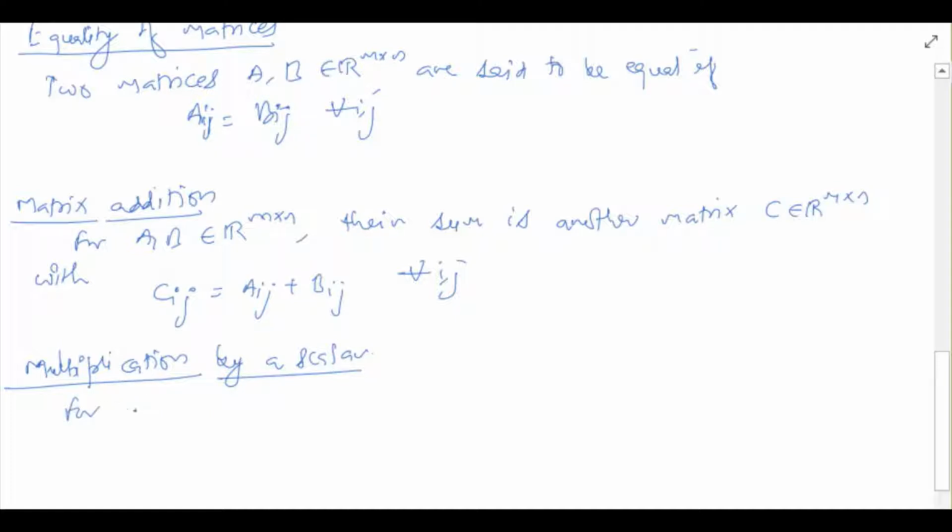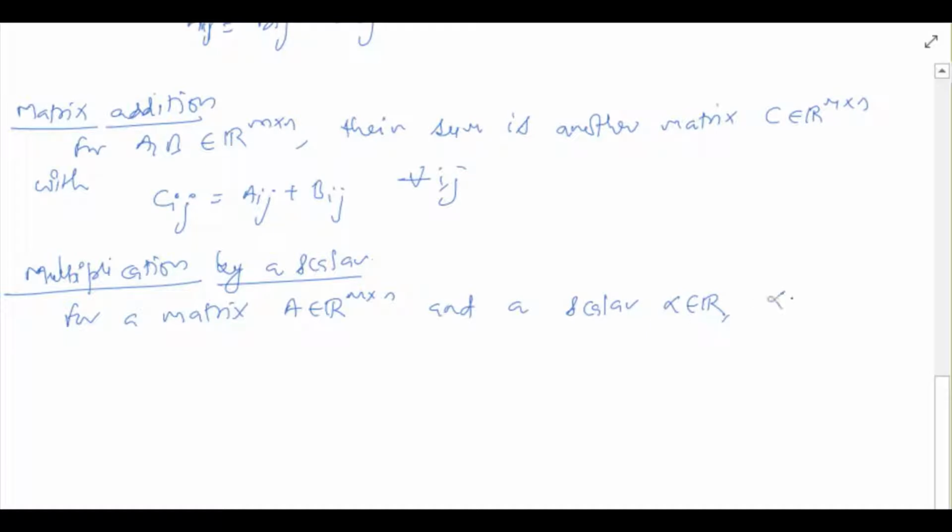So for a matrix A, that is an m cross n matrix, and a scalar alpha, which as I said is a real number, alpha A is another m cross n matrix, so this also belongs to R^(m cross n), defined as: the ijth element of alpha A is alpha times the ijth element of A, for all ij.